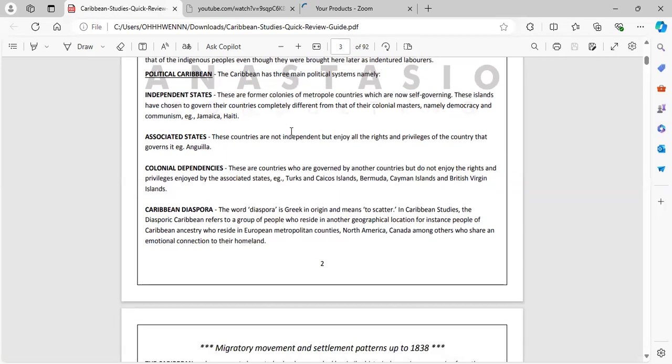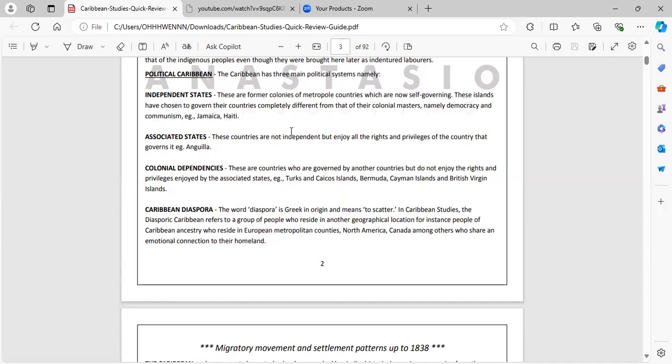I have 9 minutes left, so I'm going to run through political and then I review. So, independent states are countries which have gained their independence. These countries are Jamaica, we know this. Haiti, they're independent. The majority of the Caribbean, I would say, are independent states.